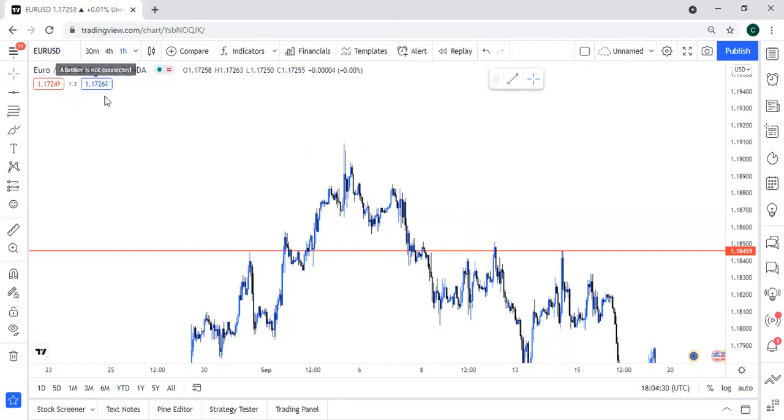So here it says you need to have 1.1726 to get 1 euro, because we know that euro has much more value than the dollar. So it's saying how much of the quote currency you need to purchase the base currency.